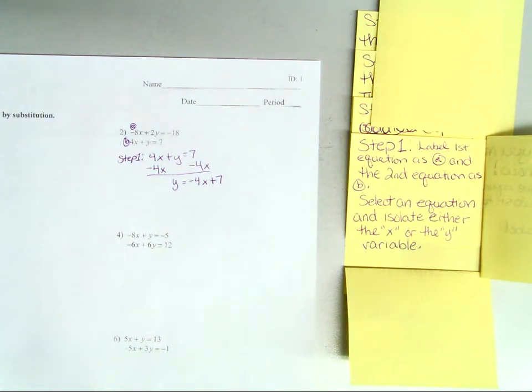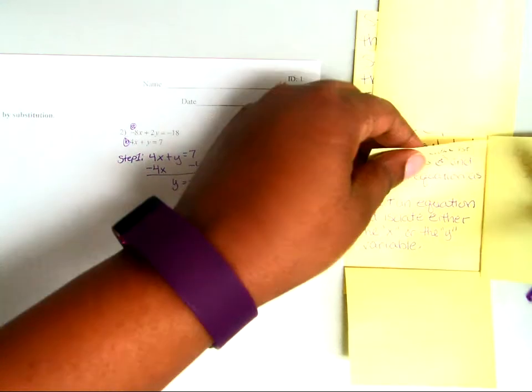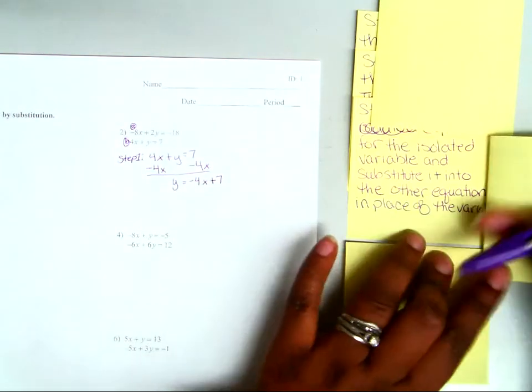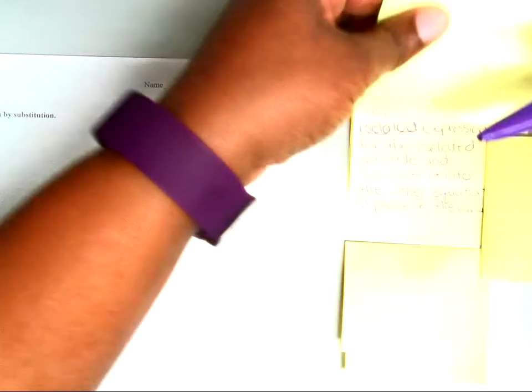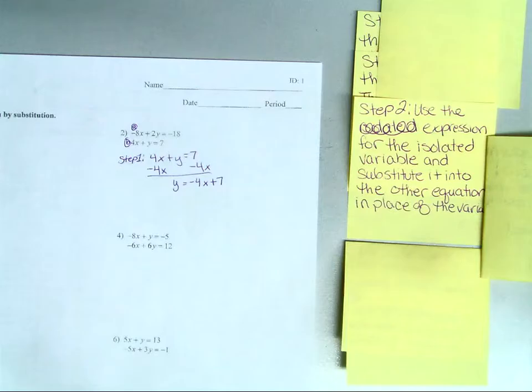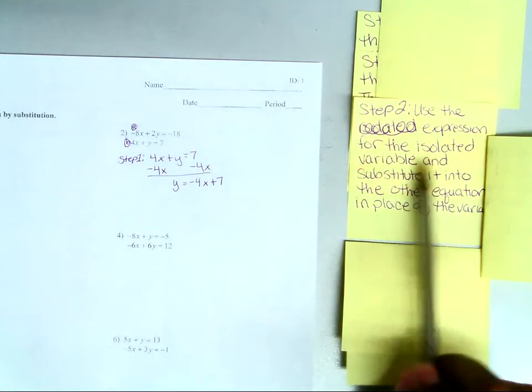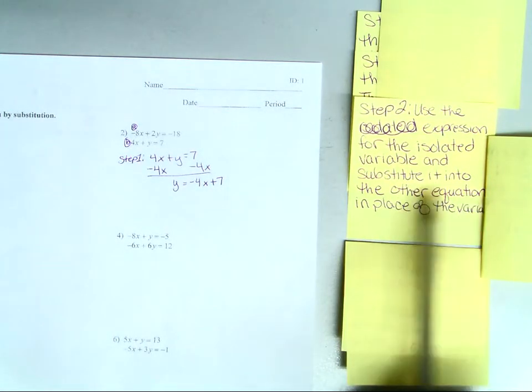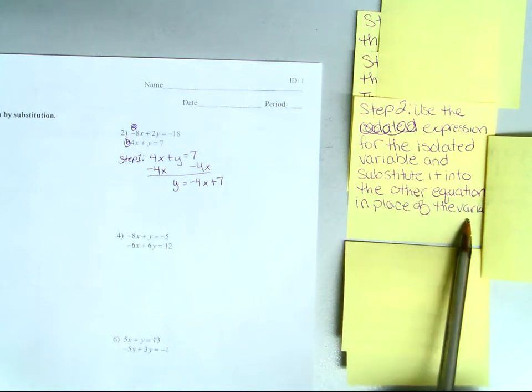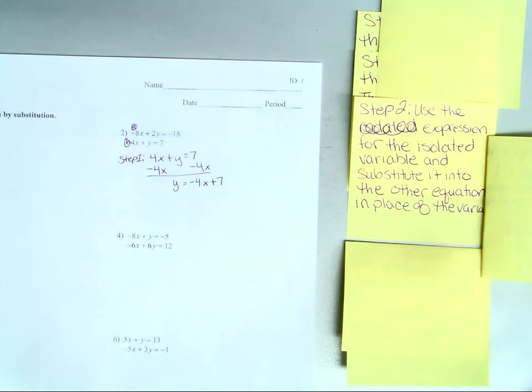Okay? Step 2. Use the expression for the isolated variable and substitute it into the other equation in place of the variable. Okay, what does that mean?